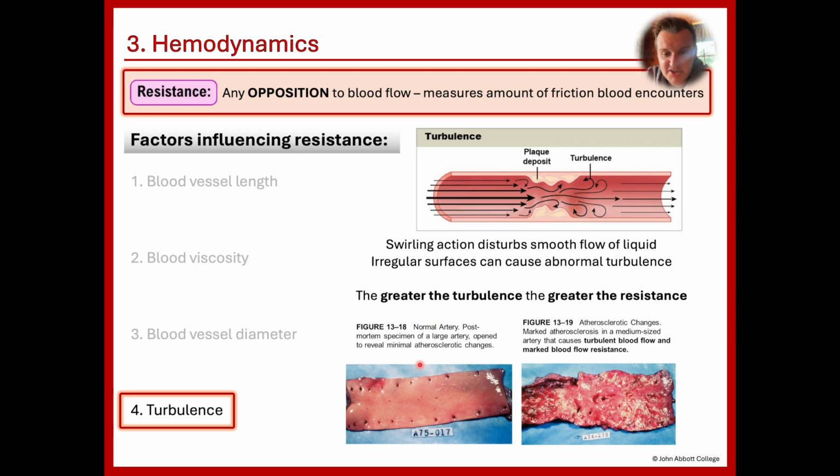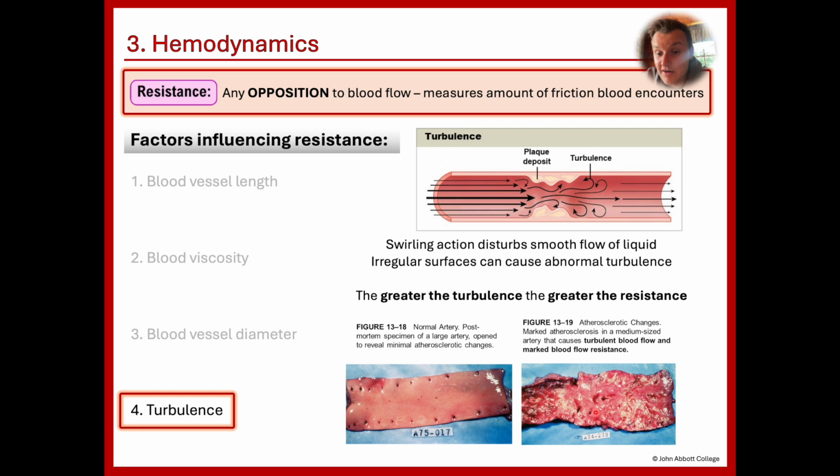And here's a picture. Do you see, this is a post-mortem specimen of a large artery. And you see that it's very smooth, right? So this used to be closed like a tube. This was a large artery. And look how smooth the inside is. And this is a patient that had atherosclerosis. So this is like plaque that builds up, fat and damage and inflammation to the vessel.